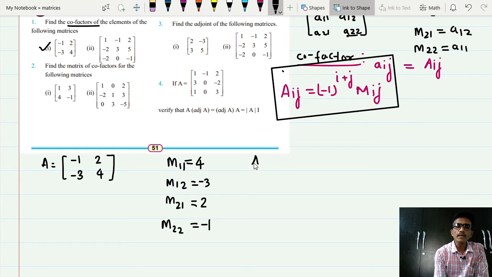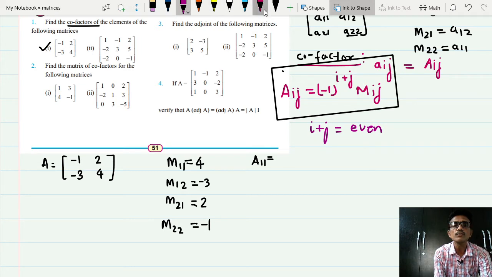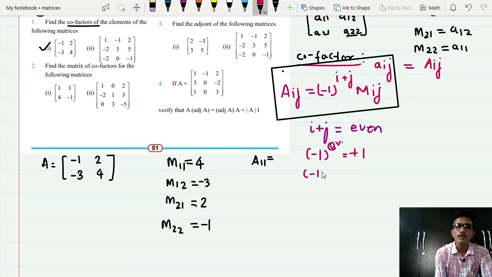So cofactor A11, see, keep in mind, listen, if i plus j is even, then minus 1 raised to an even power will be plus 1. And minus 1 raised to an odd power will be minus 1.